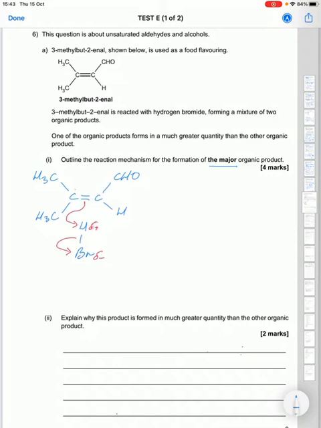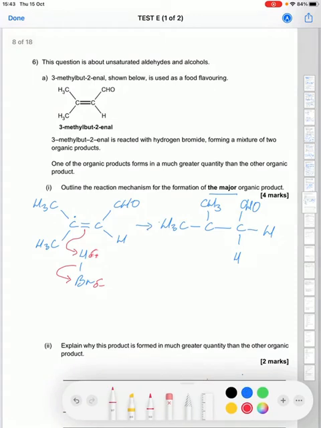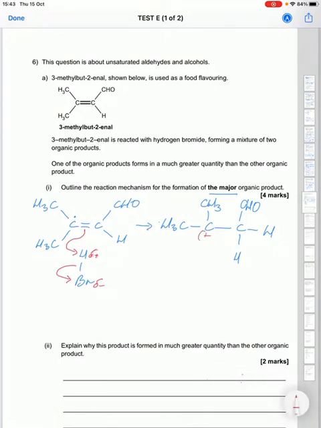So the carbocation, the positive charge, is going to go on that carbon there because that's got the most number of alkyl groups attached to it. So that gives H3C, C, CH3, C, CHO, H. Hydrogen is going on there, and my positive charge is going to go there, and my Br minus.